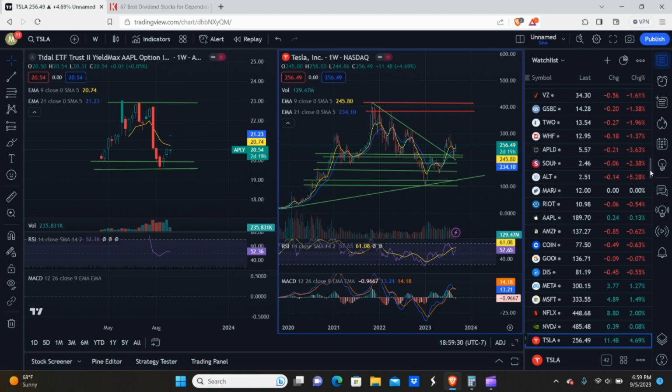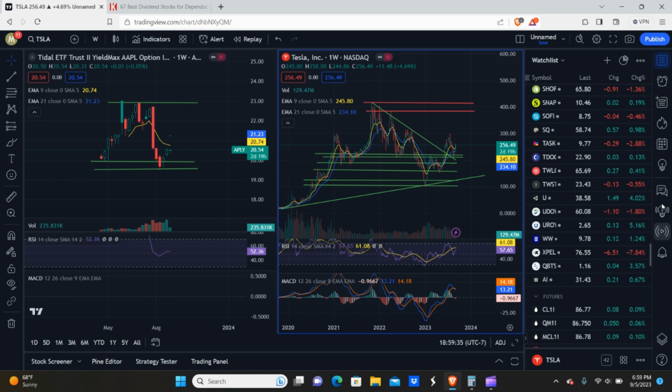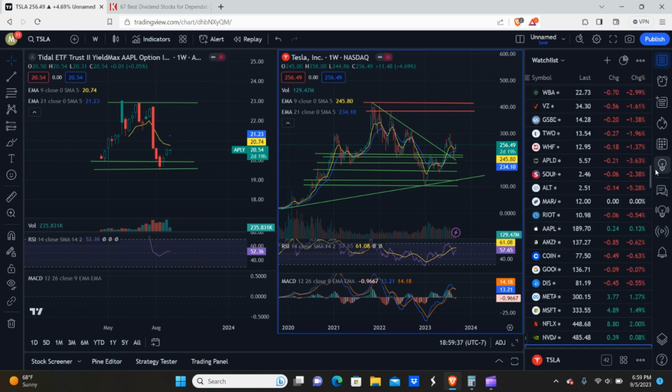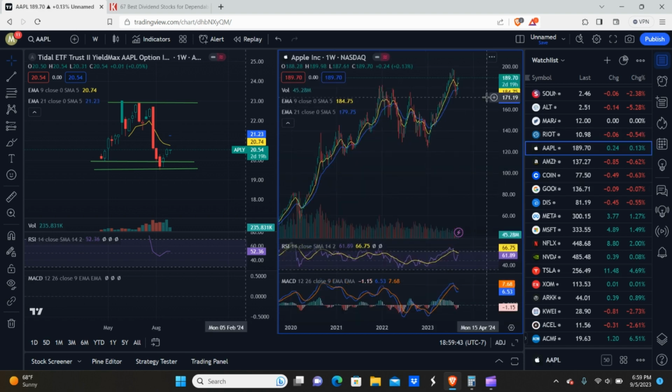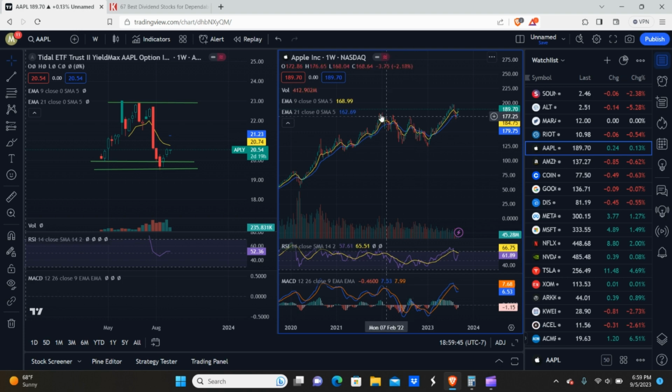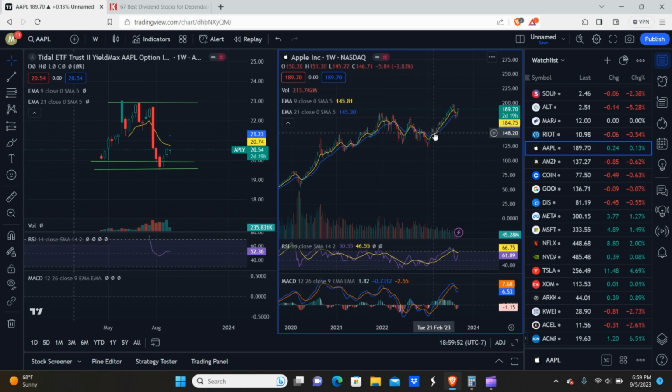Let's go ahead and pull up the Apple chart on this one. As soon as I can find it, give me a sec. Okay, so here's the Apple chart. From the look of it, we go from April 23 to roughly about April 23.